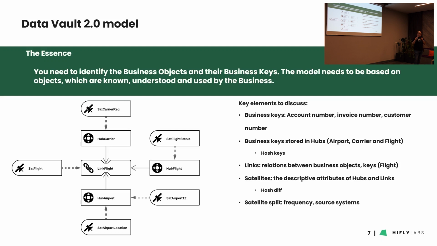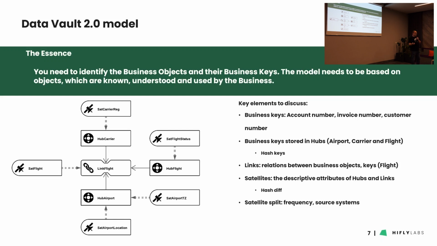But definitely if we have data for the same business object coming from two different sources, we should create two separate satellites, because it helps with all the additional processing and all the downstream and also all the future improvements and additions that we need to do. But there is another example for satellite split.